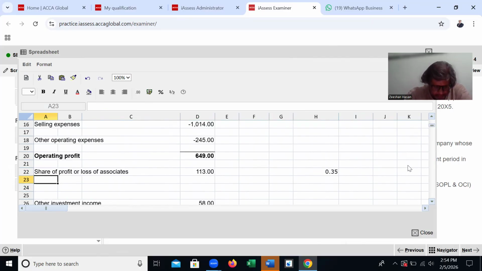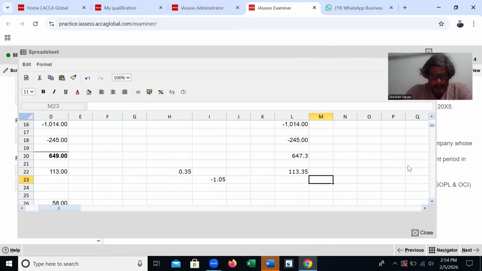Next thing, loss on disposal of associate. We have minus 1.05.